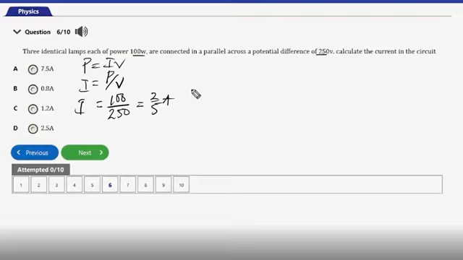So remember, we said here we have 3 identical lamps. So in that case, since there are three identical lamps connected in parallel, we are going to have I1 plus I2 plus I3.